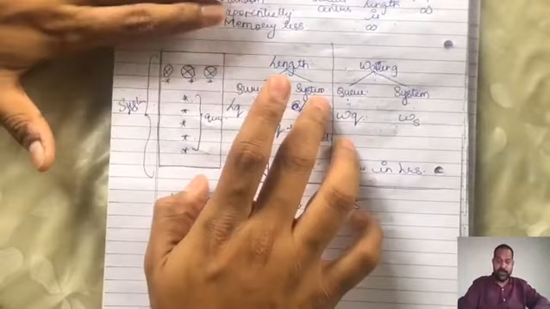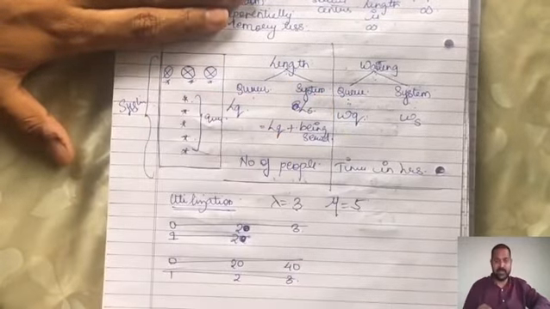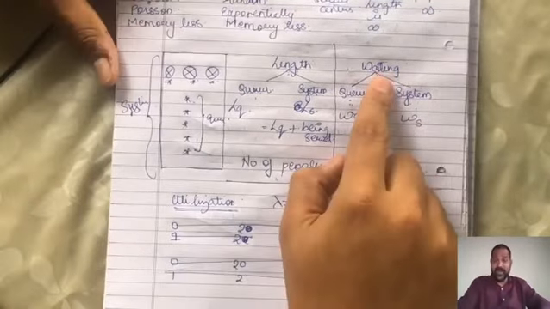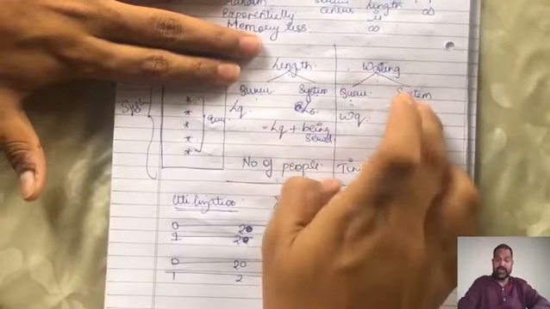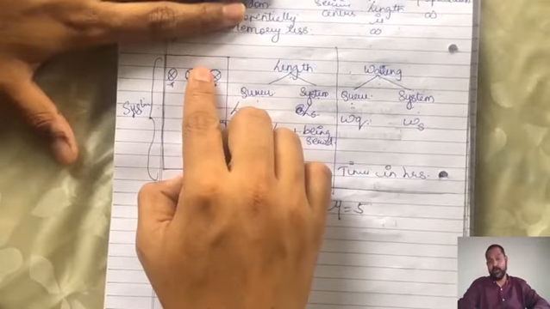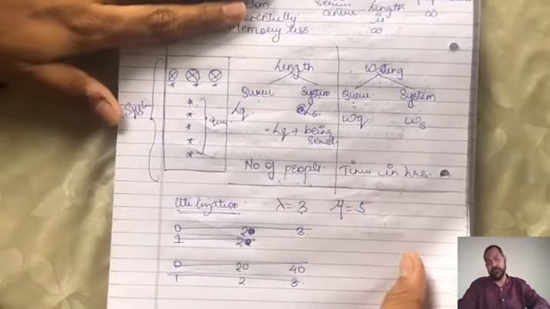Length of the system means how many people are in queue plus whoever is getting service. This is always a number. Waiting in the queue is how long will I be in the queue. Waiting in the system is how long will I be in the queue plus how long will it take to get service. This is time based and is always in hours.